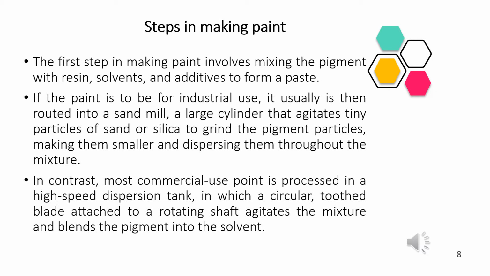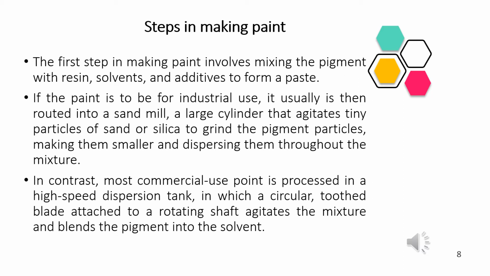If a paint is to be for industrial use, it usually is then routed into a sand mill, a large cylinder that agitates tiny particles of sand or silica to grind the pigment particles, making them smaller and dispersing them throughout the mixture.